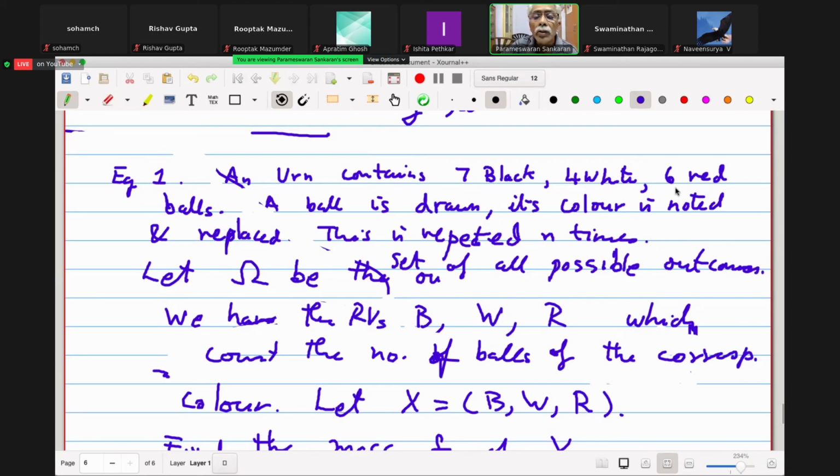The total number of balls is 17. The probability of drawing a black ball is 7 by 17, a white ball is 4 by 17, and a red ball is 6 by 17. These are the probabilities for each elementary event, and successive repetitions are independent of each other.